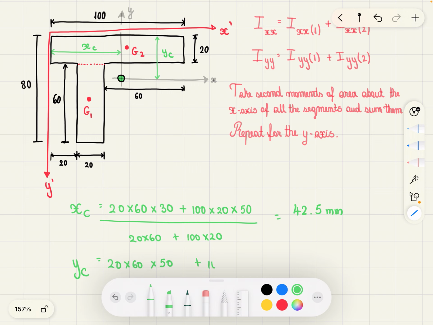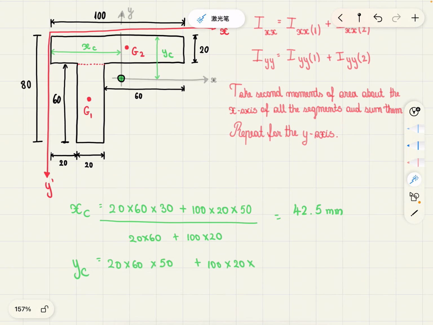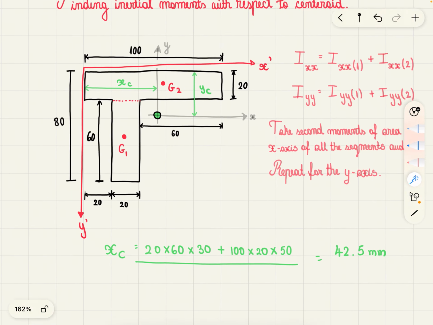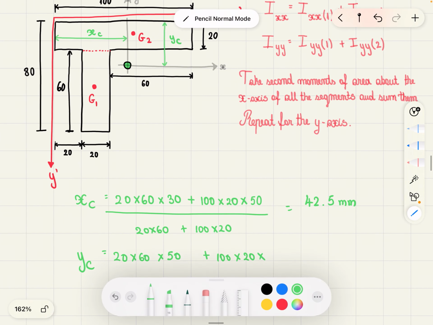Plus the area of the second block, which is 100 times 20, multiplied by the distance from G2 to the x prime reference axis. This is going to be half of 20, so 10.